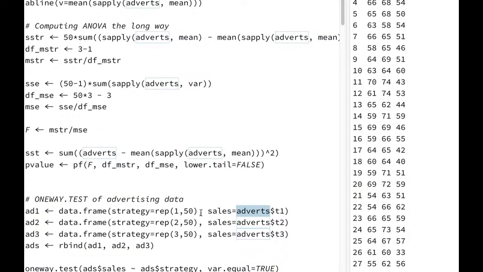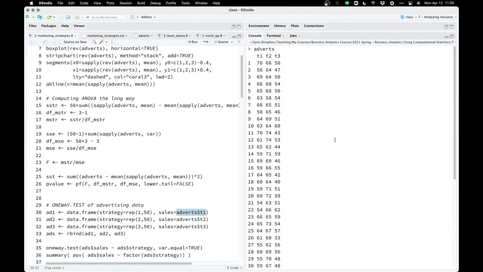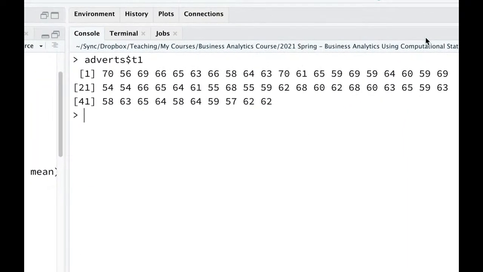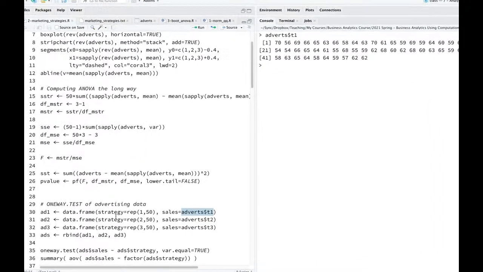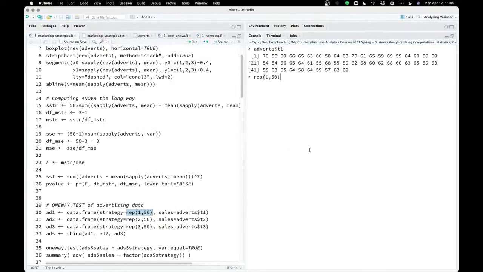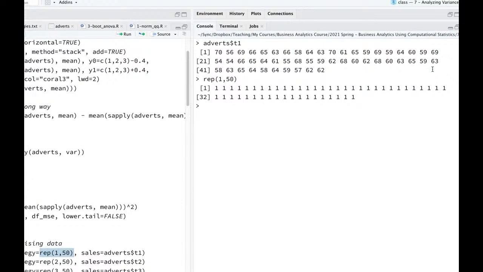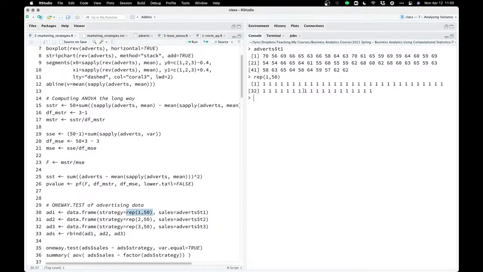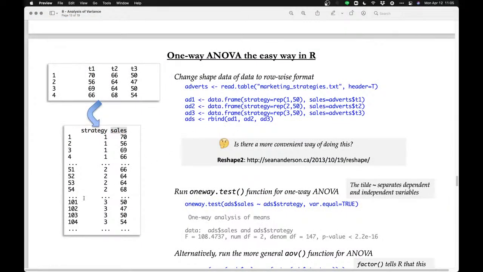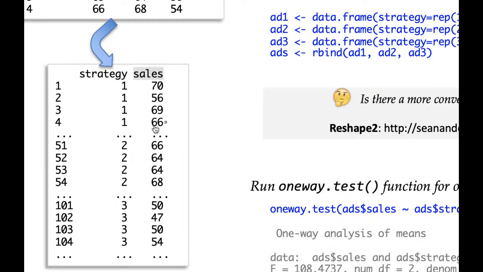What I'm going to do is take just the first treatment values. So this is the sales of the first treatment. Okay. And I'm going to repeat the number 1 50 times. We now have the two columns that the long form data wants.